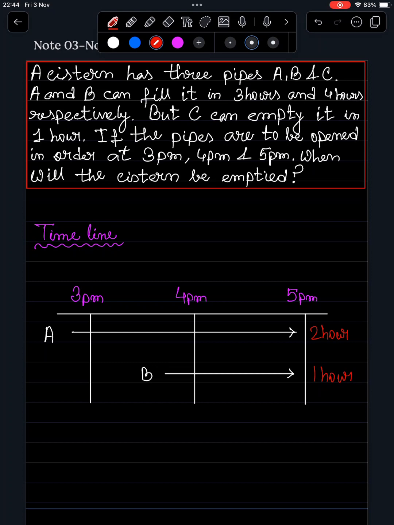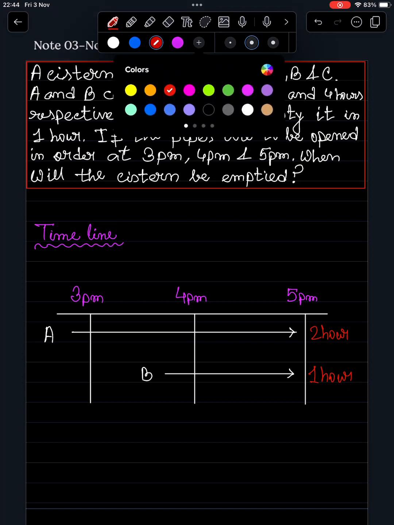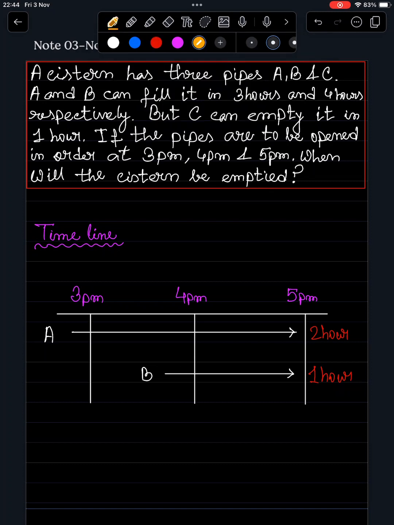Now, after 5 pm, we can assume that pipe A, B and C are working together. Listen to it very carefully. After 5 pm, that means 5 pm onwards, the 3 pipes are working together. Pipe A and B are filling the tank and pipe C is emptying the tank. They are working simultaneously, but 5 pm onwards, not before 5 pm.